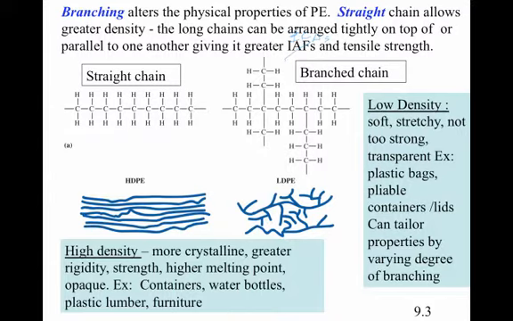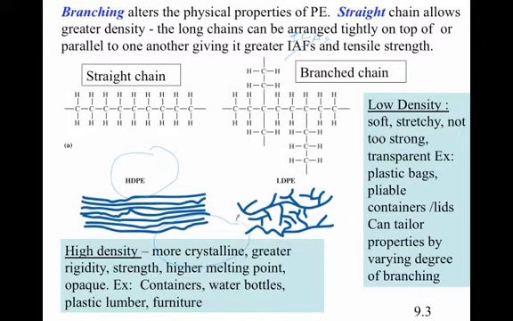About 20 years later, two men won a Nobel Prize. They came up with a catalyst that later won them a Nobel Prize to eliminate, reduce or control this branching, and ended up with straight chain. We know that today as high density polyethylene. High density, this is the big thing. It is more crystalline.